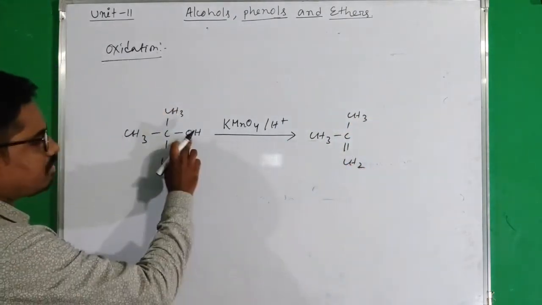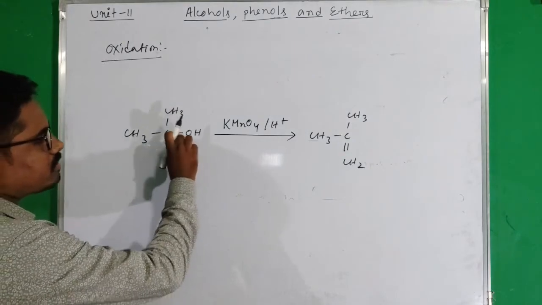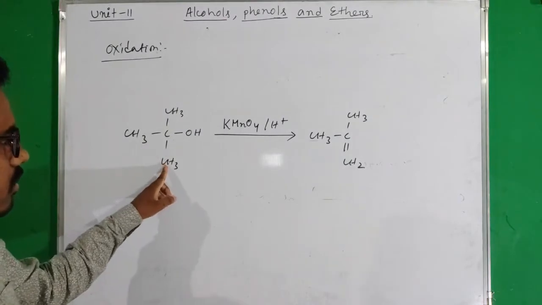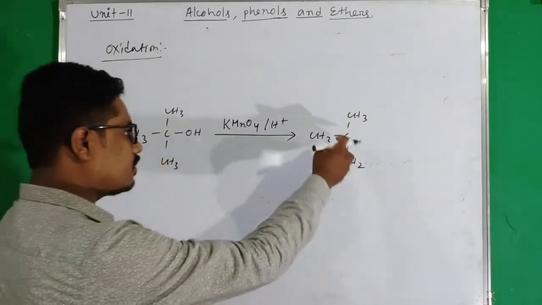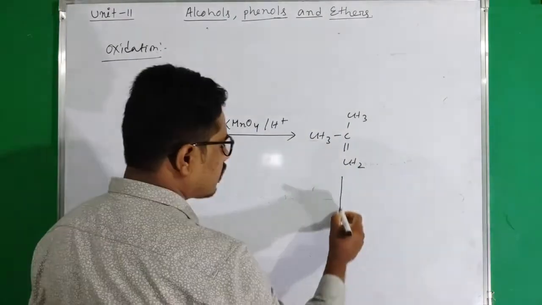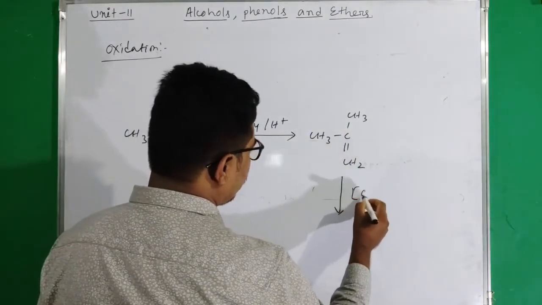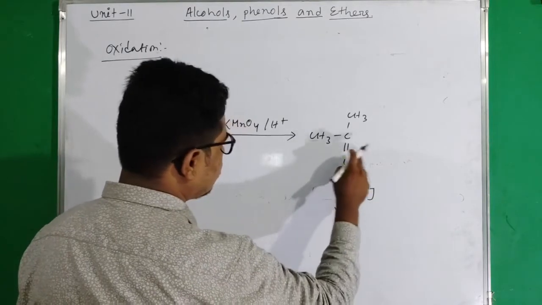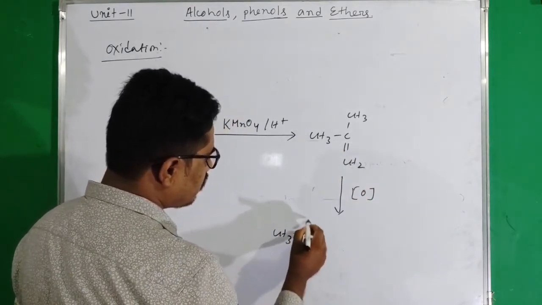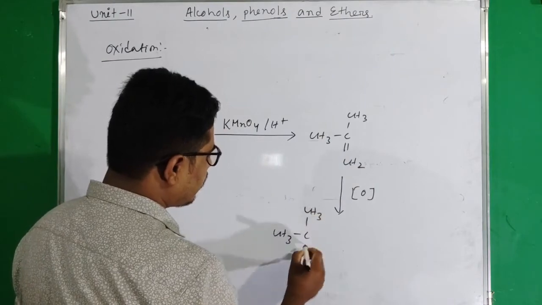Okay, that means from this carbon the OH group will be removed, and from this carbon one hydrogen will be removed, resulting in carbon-carbon double bond, and then finally the KMnO4 will oxidize this compound into a ketone.